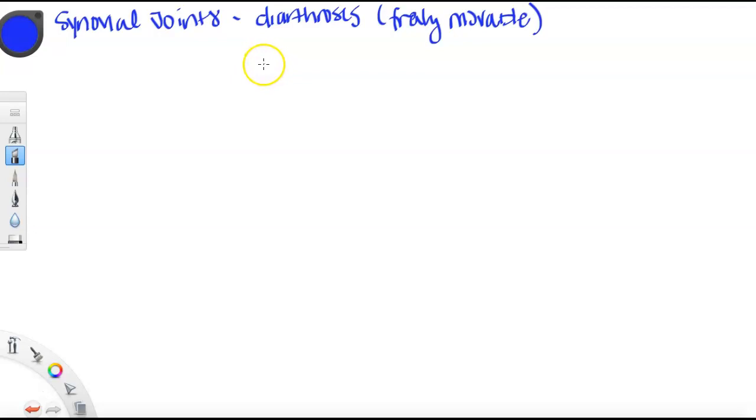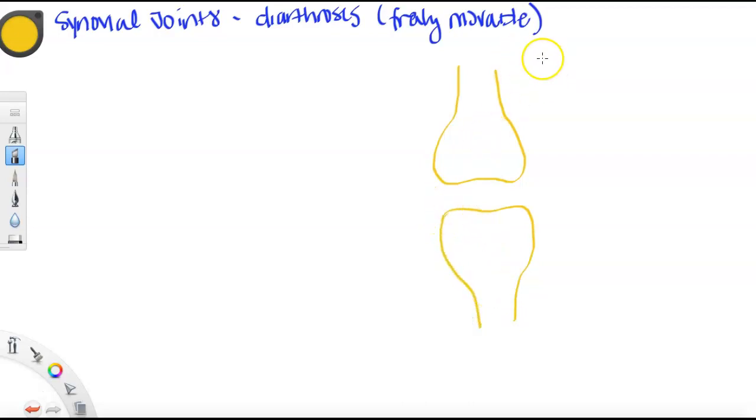A synovial joint is a joint where two bones come together and they form a capsule. Okay, a joint capsule. So if we have two bones come together, okay, they don't touch.